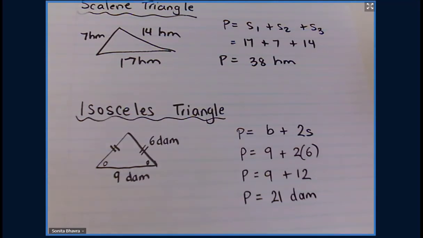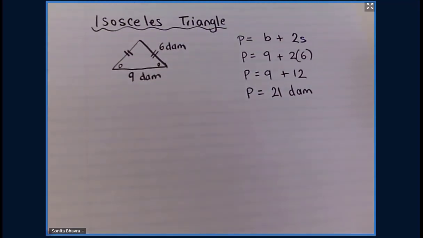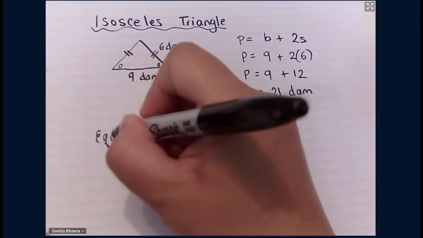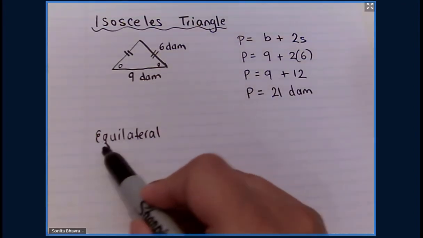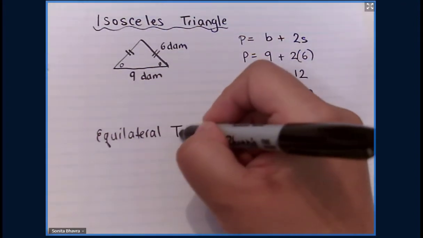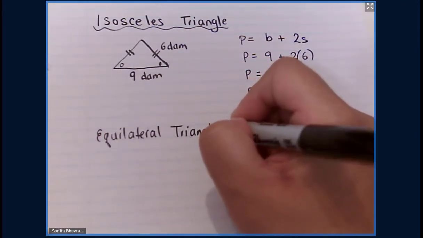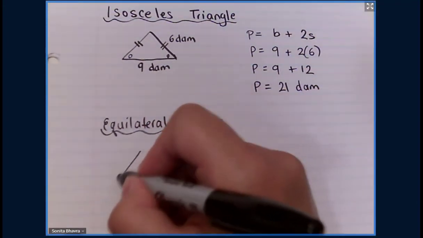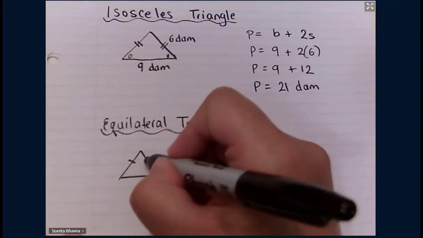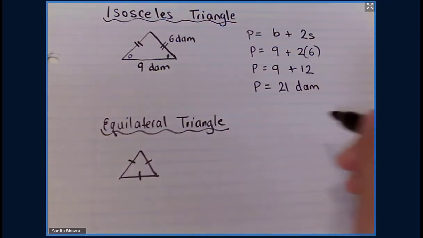And the last is the equilateral triangle. And the biggest hint here is the equal here, meaning all three sides are going to be the same. All right, so equilateral triangle, all three sides are the same.